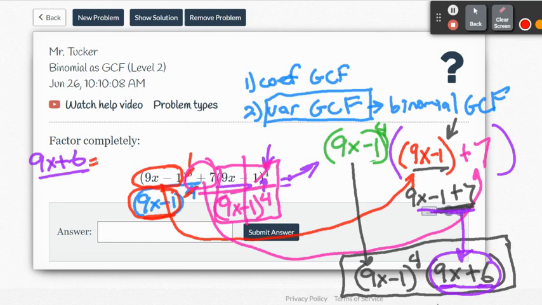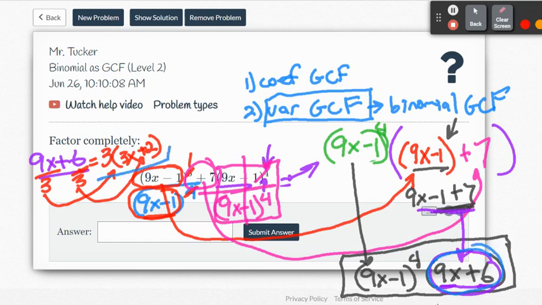So if I was to divide this by 3, that would give me 3x. And then plus 6 divided by 3 would give me plus 2. So this 9x plus 6 can actually get replaced by 3 times 3x plus 2. I'll write it off to the side.